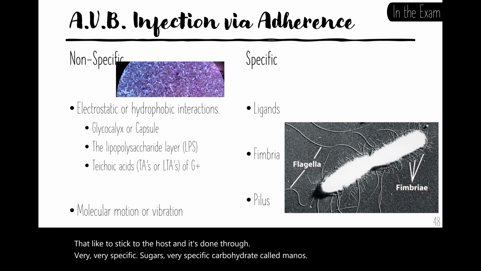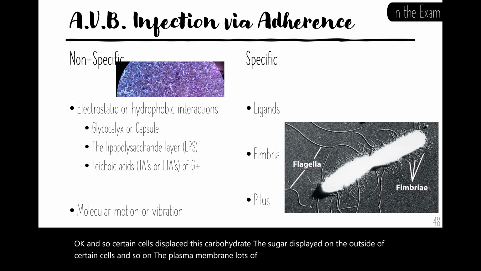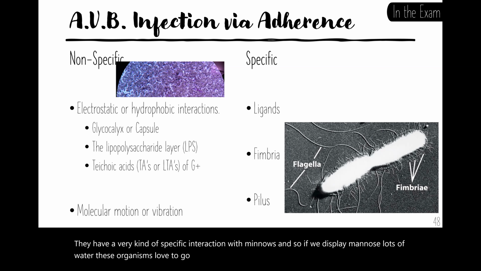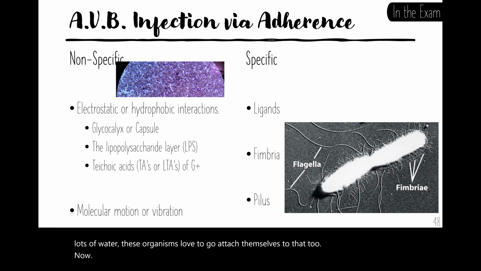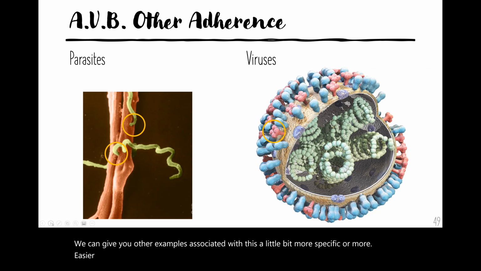Certain cells display this carbohydrate, this sugar, on the outside of the cell. On the plasma membrane, lots of these adhesins like to stick to that sugar. They have a very specific interaction with mannose. So if we display mannose, lots of these organisms love to attach themselves to it too. Now, we can give you other examples, easier to explain. One common one you might be familiar with is plaque.